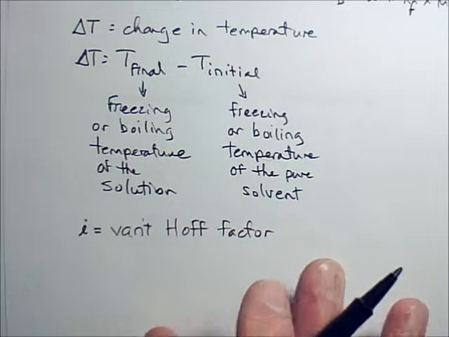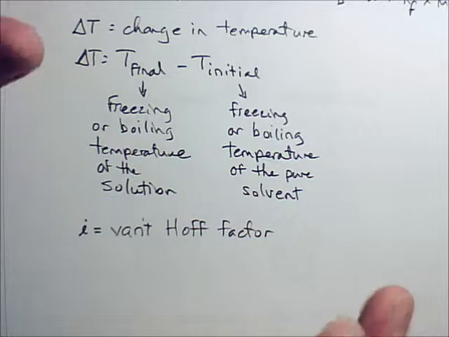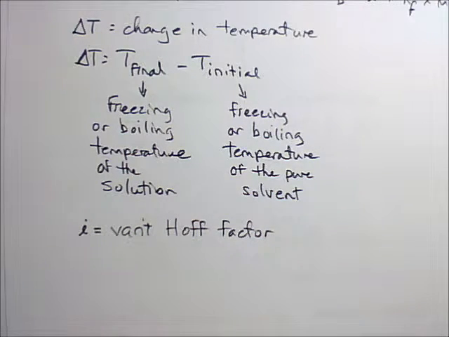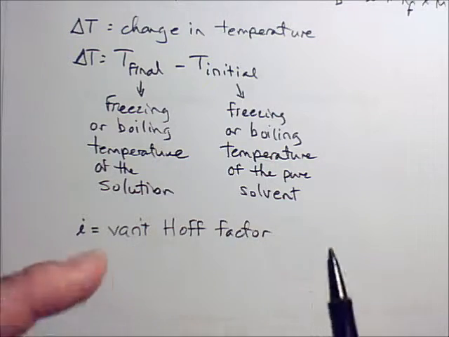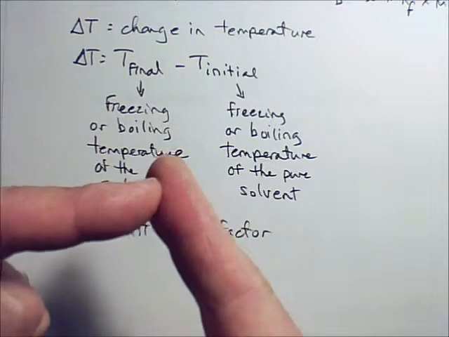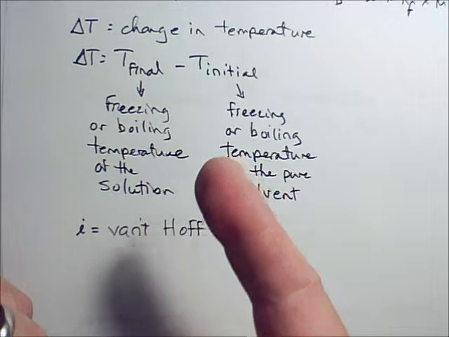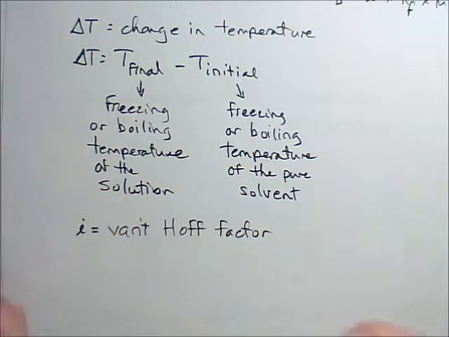So we're going to simplify the definition by sticking with just colligative properties. Because the van't Hoff factor can take into account particle interactions. Remember, colligative properties assume there aren't any. So we're only going to use the van't Hoff factor in a much simpler way.